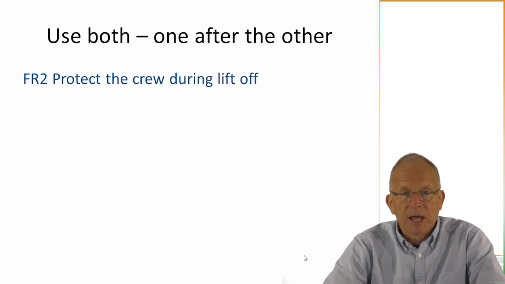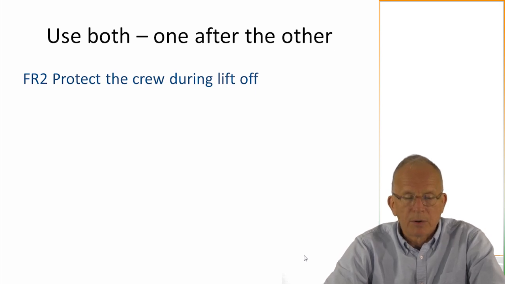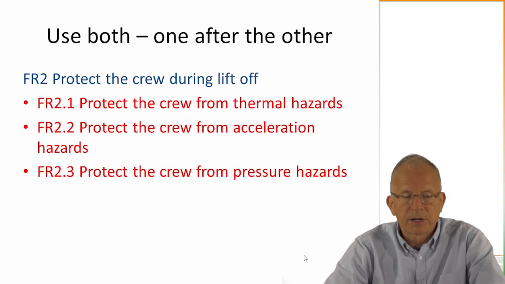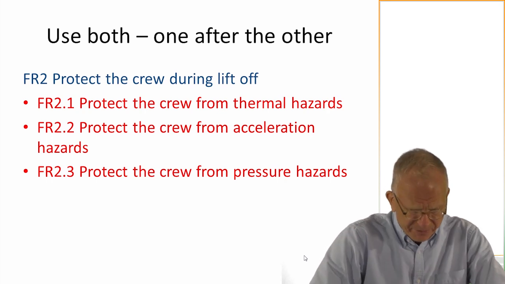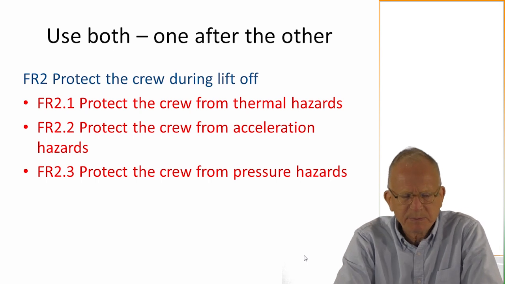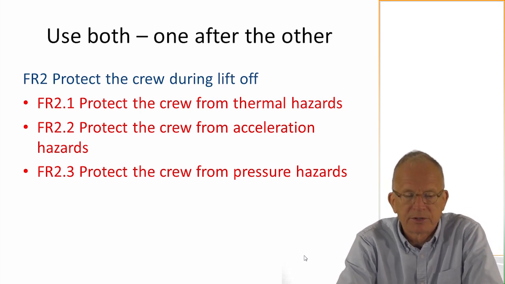So, as I was saying, the solution was to use both, one after the other. So protect the crew during liftoff, for example, then protect them from thermal hazards, acceleration hazards, and pressure hazards during liftoff. Is that collectively exhaustive? Are there other ones that we have to be concerned about?